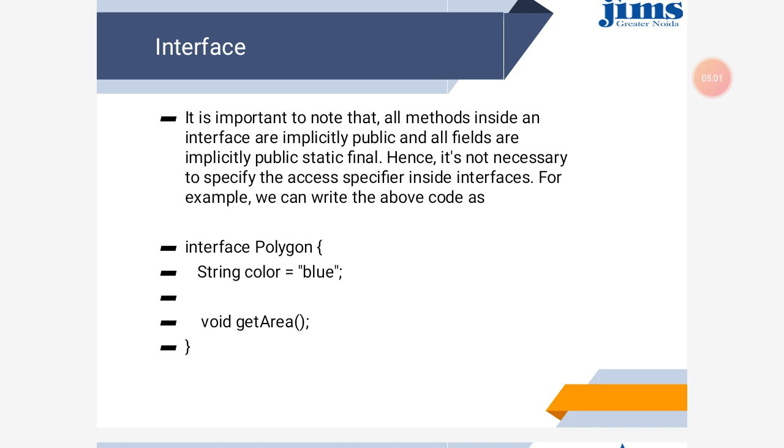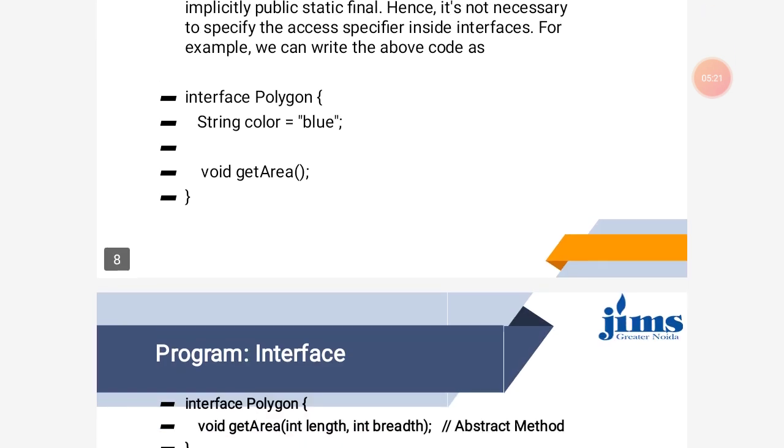So modification has been done. In this Polygon, we are not mentioning any public static final. We are directly writing a data type, variable name, and its value. Similarly, we are not using public or abstract for the abstract method getArea.